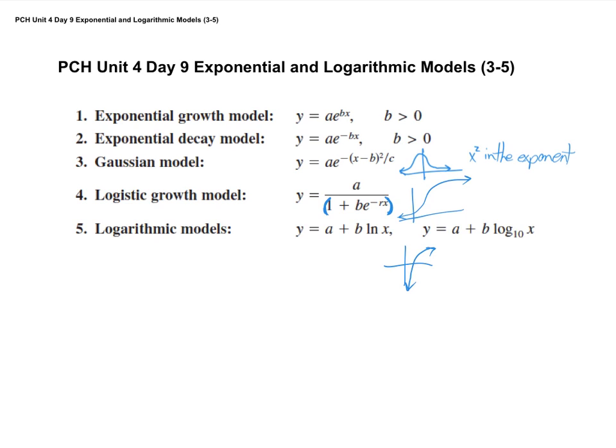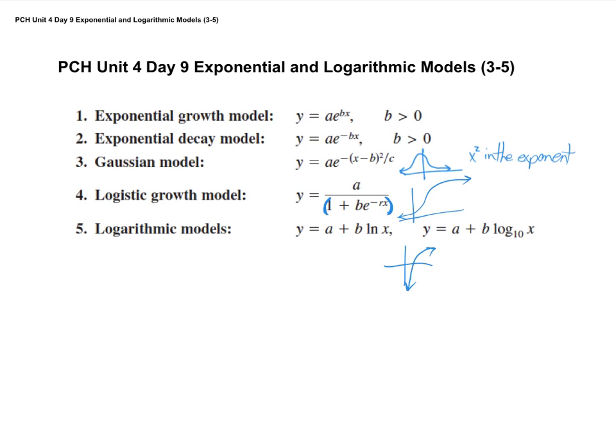That's going to be the key thing that you look for when you're asking, is this a logistic model? Okay? Does that make sense? What was the key thing? That binomial part in the denominator. You have the exponential part in the denominator. Okay? So let's look at a couple of examples here real quick.